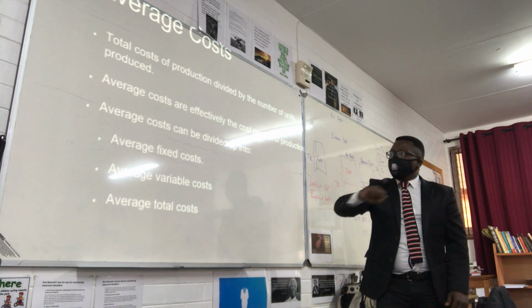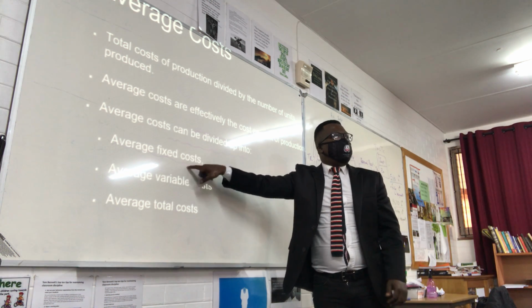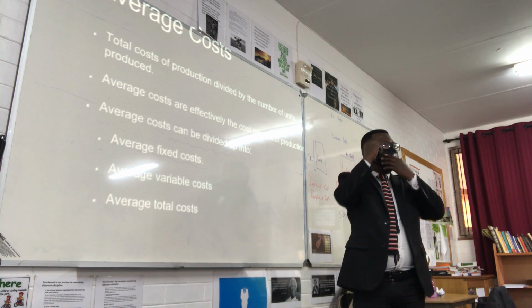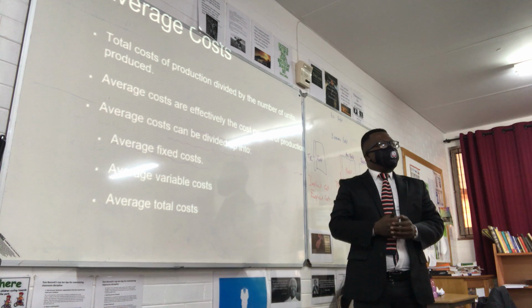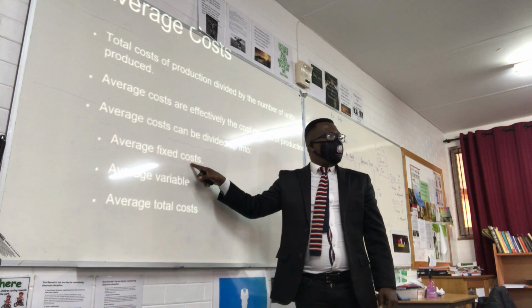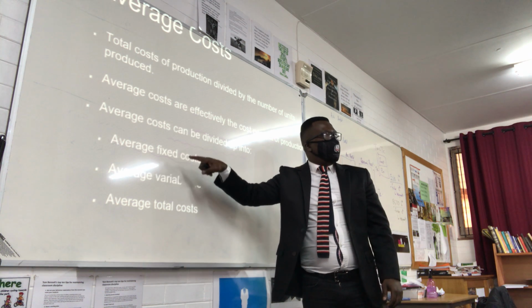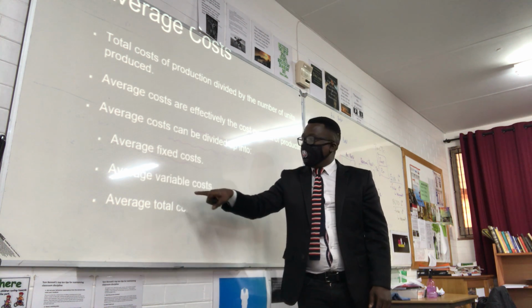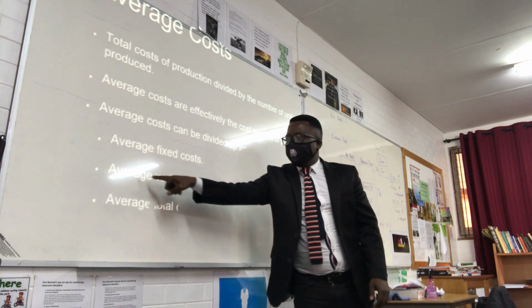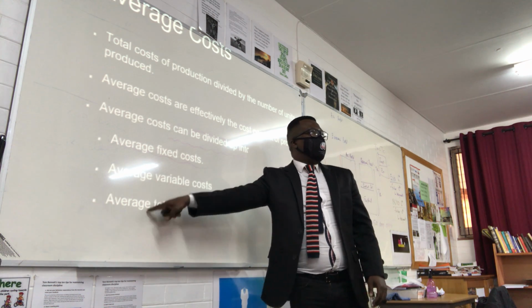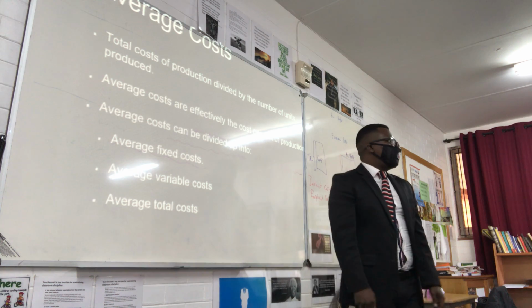So now I'm saying, how do you work out the average fixed costs? Jyoti, try. Fixed cost is the same thing. So to work out the average of fixed costs, how? Just add up and divide by quantity. And divide by quantity. Okay, Jens, I want you to get that part. That's variable cost divided by quantity is equal to average variable cost. Total cost divided by the quantity is equal to average total cost.